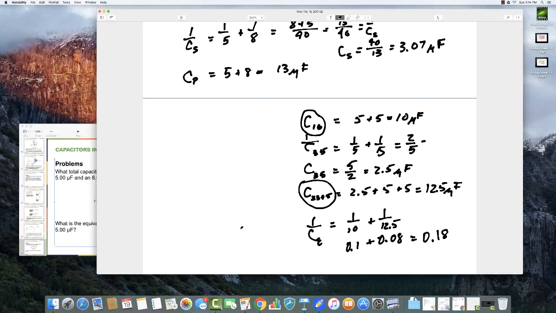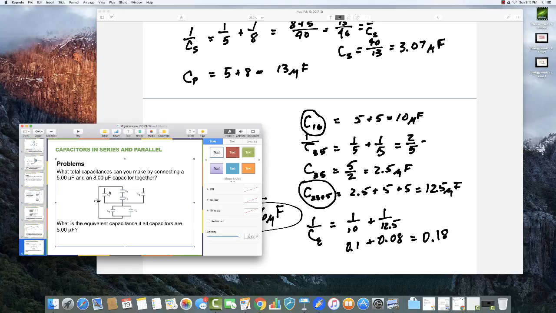And that's 1 over that. So CE is going to be the inverse of 0.18, which is 5.5555, or 5.56 microfarad. So the one equivalent capacitor that would equal this entire diagram is going to be 5.56 microfarad.